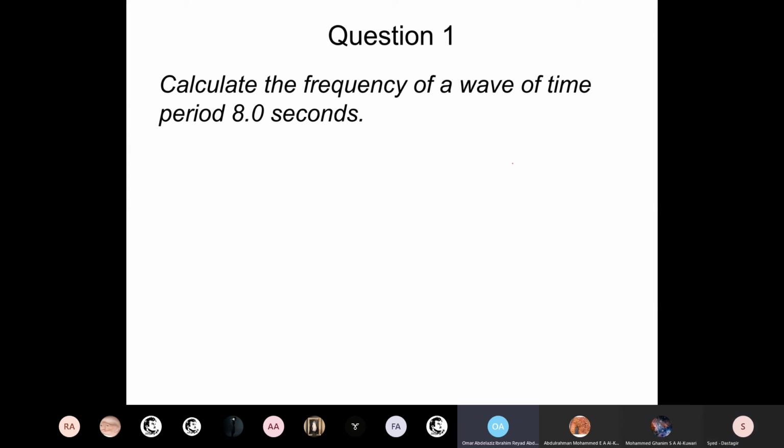Calculate the frequency of a wave with a time period of 8.0 seconds. Right, Omar, so what would you need to do to calculate the frequency? I will write frequency, and the time period is 8.0 seconds. We do 1/8, so it will be 0.125 hertz.